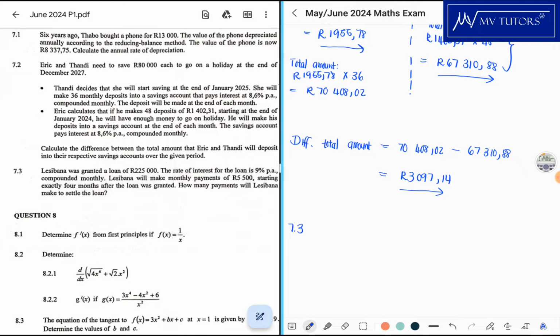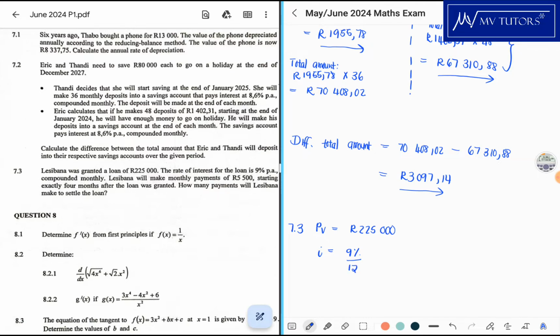Now the last question, question 7.3. It says Lesibana was granted a loan of 225,000 Rand. So already I know that's the present value right there, 225,000. The rate of interest for the loan is 9% per annum compounded monthly.